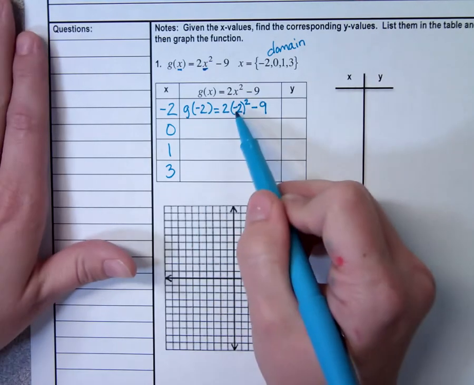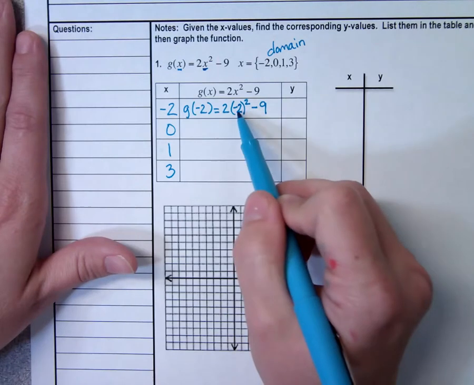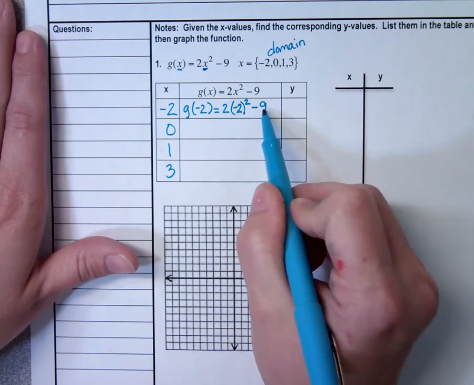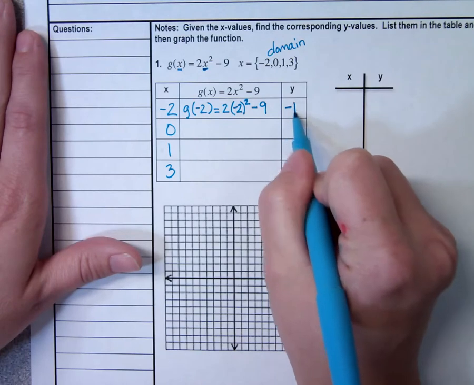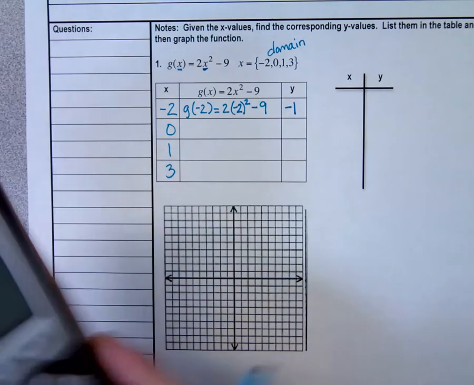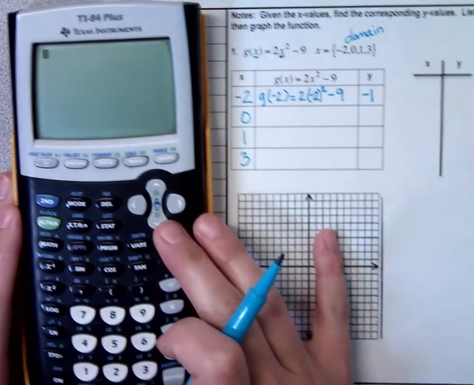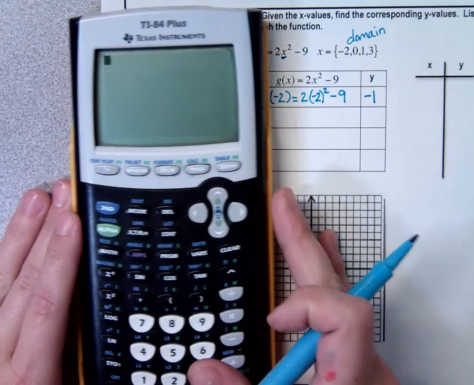So just to practice order of operations, first thing I would do is exponents. So -2 squared is 4, because -2 times -2 is 4. 4 times 2 is 8, and 8 minus 9 is -1. Now, because I have decided that I would let you use calculators, we could plug that into the calculator as well.